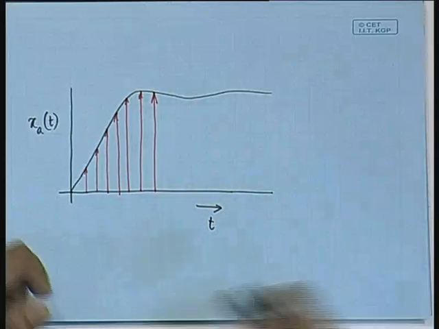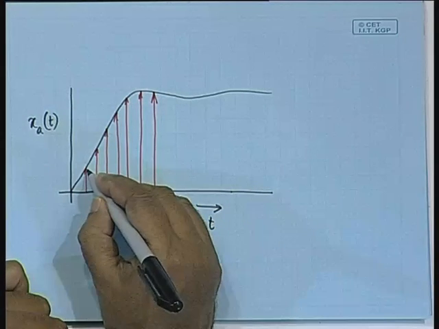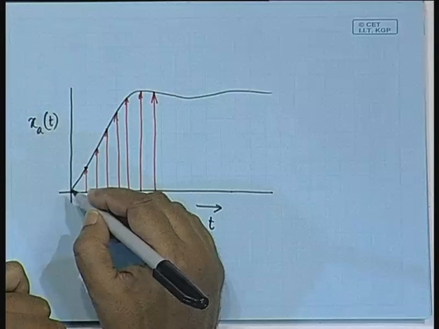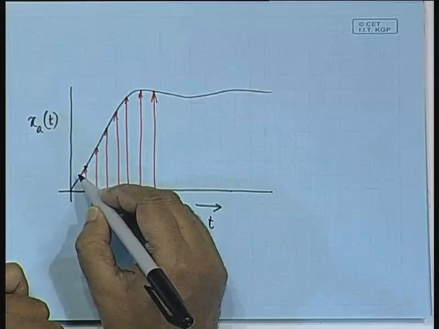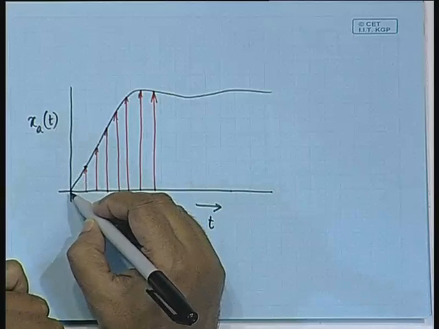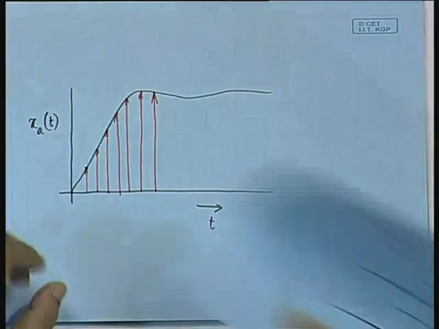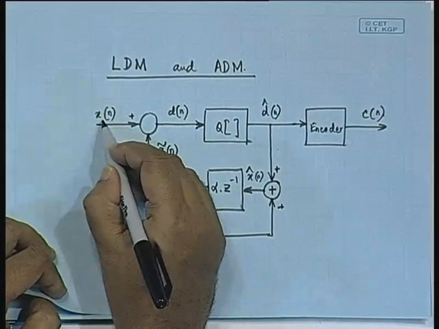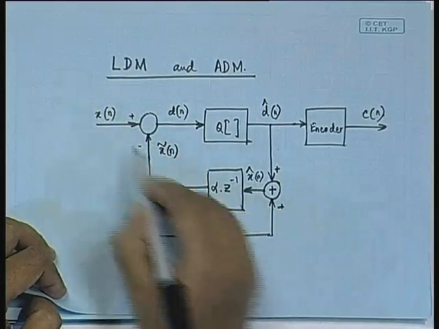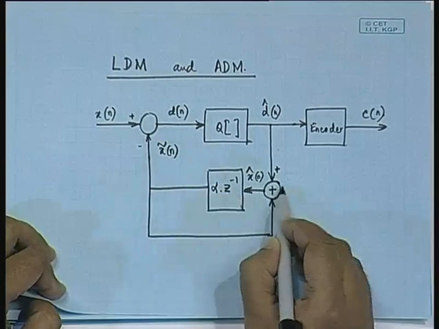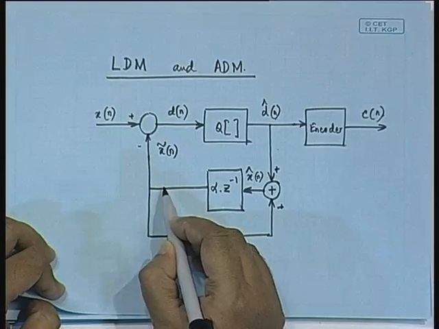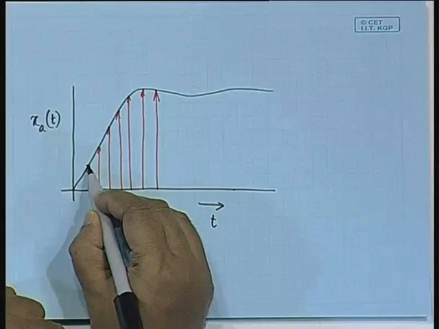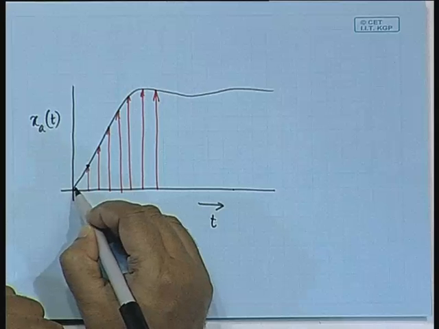The second sample has an amplitude of this much, but we are going to predict the second sample based on the first sample, because in our block diagram the first sample is over here and the second sample is here. So, the second sample's prediction will be based on the first sample's delayed version.